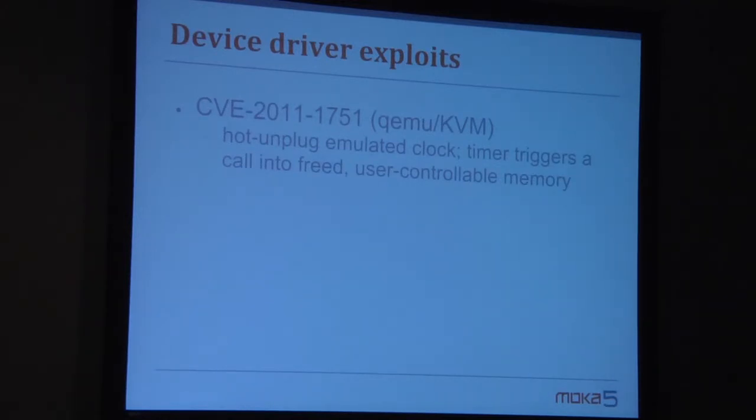And you can tell the PCI ISA bridge to hot unplug itself, like it was a card, but it's not a card, it's a bridge. This doesn't really make a lot of sense to do, but the QEMU process, which does device emulation on KVM and also on Xen, will happily go and just free this memory. So now you have freed memory, and timer interrupts that are just firing, and the way it emulates is it does a function call into this memory, which you've just freed.